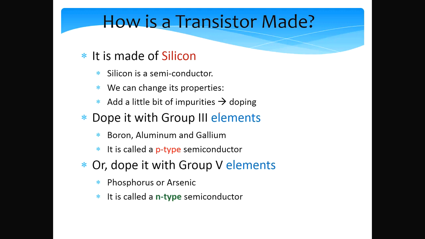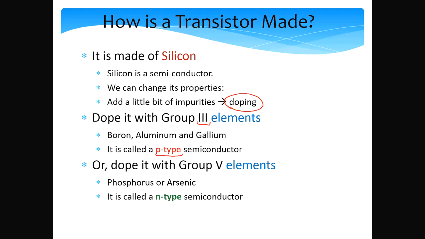We can add a little bit of impurities to silicon, and this process is called doping. So what is doping again? It is the process of adding a little bit of impurities to silicon. Once this is done, we can change its properties. For example, if we dope it with group 3 elements of the periodic table, such as boron, aluminum or gallium, it will become a p-type semiconductor, p for positive.